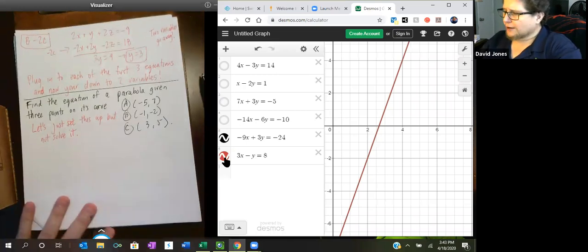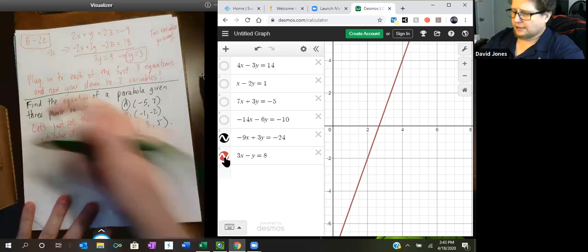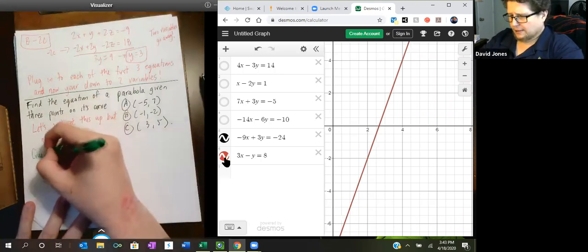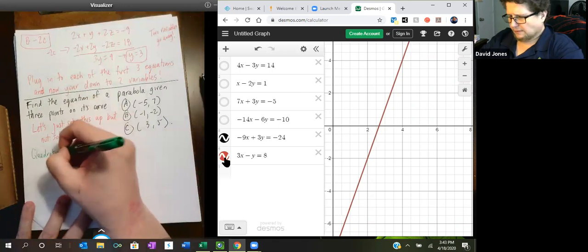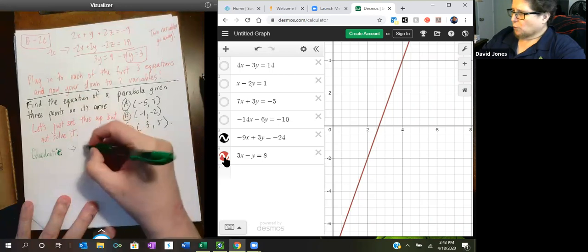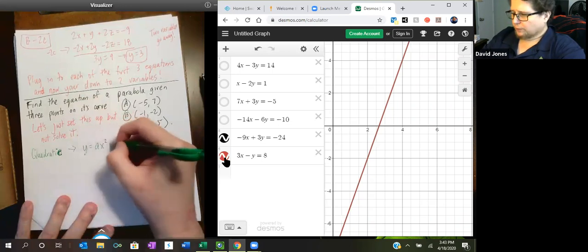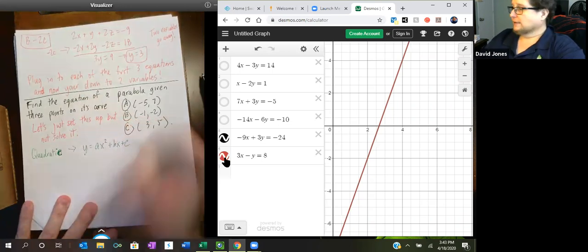Parabolas are quadratic equations. This is quadratic. y equals ax squared plus bx plus c.